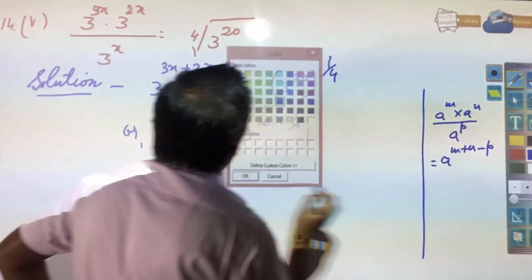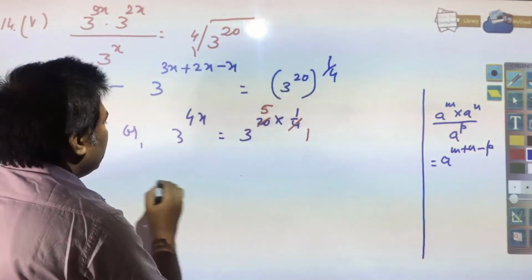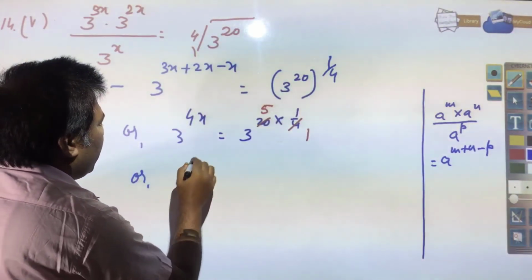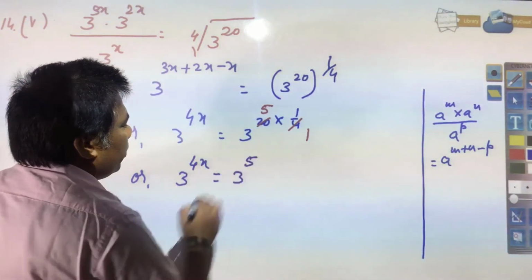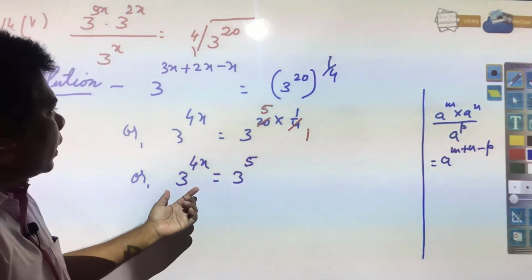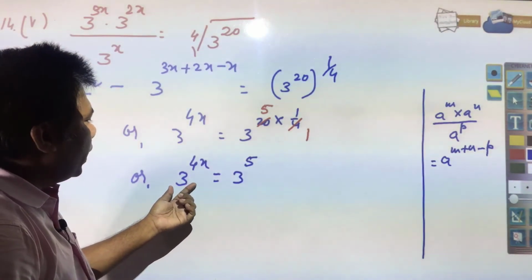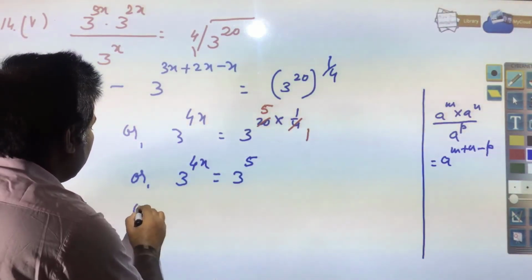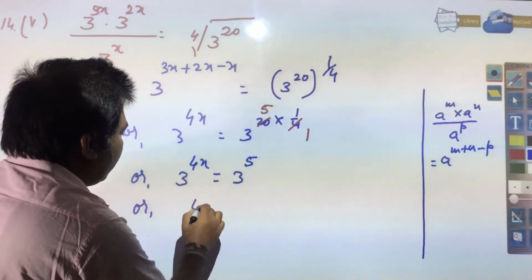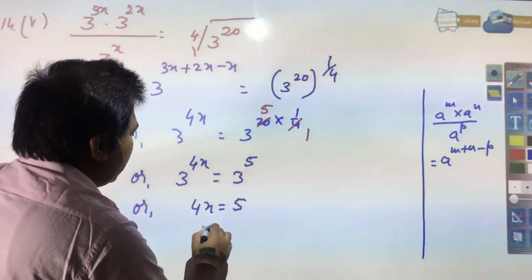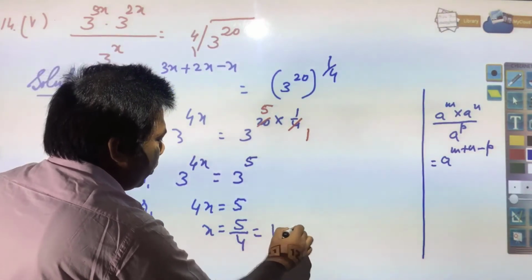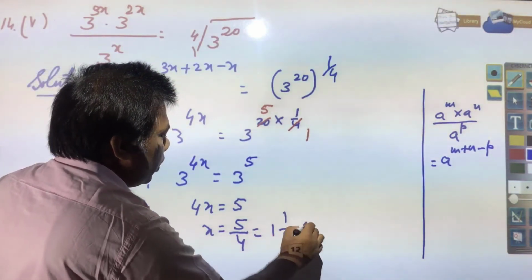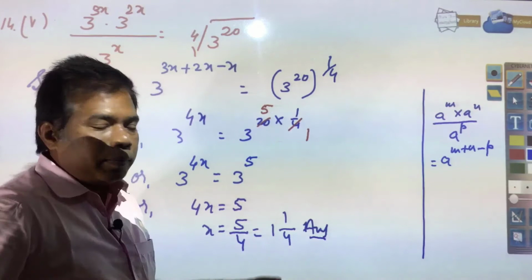So, finally, you will get 3 to the power 4x is equal to 3 to the power 5. And again, if you will compare base and exponents, what you will get? Base are same. So, 4x is equal to 5, therefore, x will be equal to 5 by 4 or 1 whole 1 by 4, and this will be your answer.